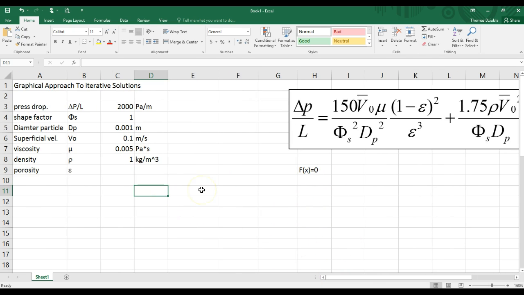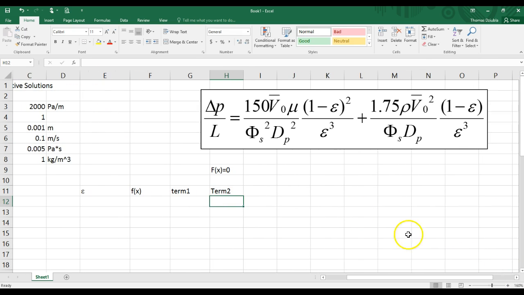So all we need to do is come up with a plot. So I'm going to take our porosity epsilon, and I'm going to then create an f of x, or f of epsilon, I guess technically, and plot epsilon versus f of x. So I'm going to first create and separate these two terms out. I'm going to call them term 1, term 2, just so it's a little bit easier for us to enter in.